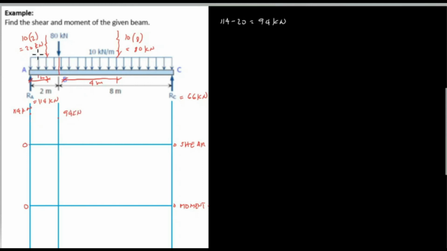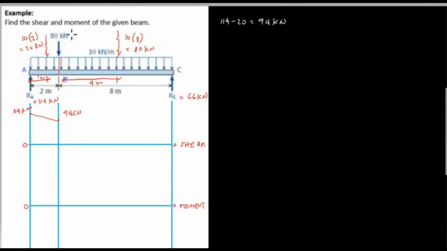From the uniform load, we will connect the points A to B, and we will have a diagonal line, which is the connection from 114 kilonewtons to 94 kilonewtons.